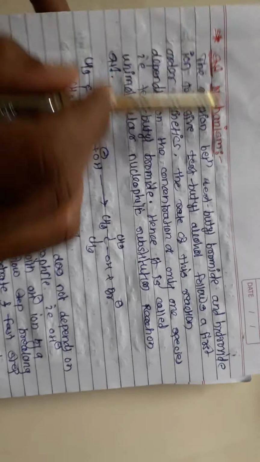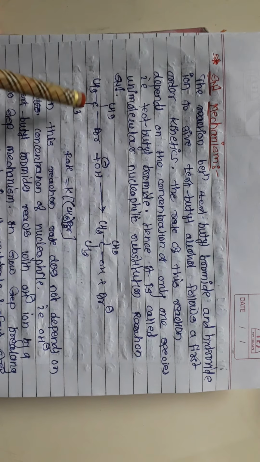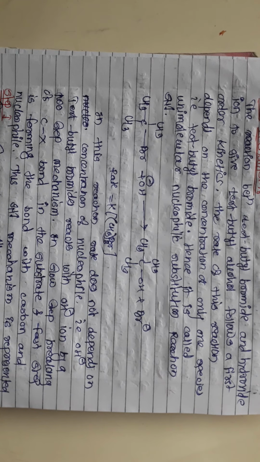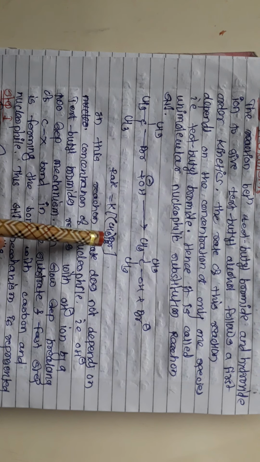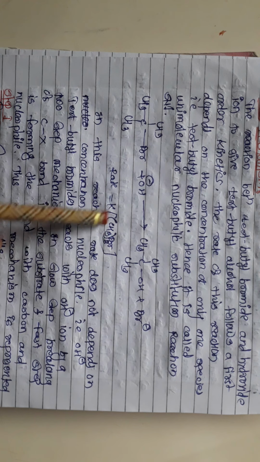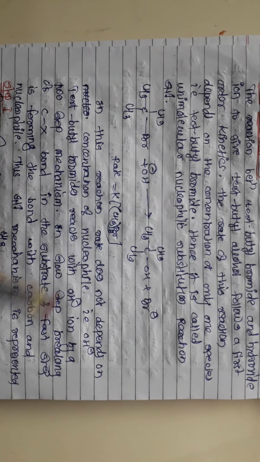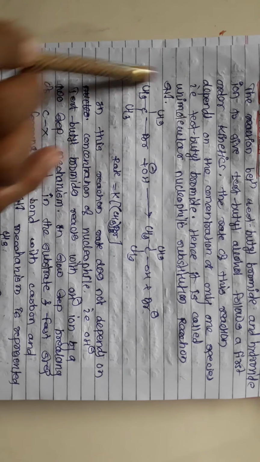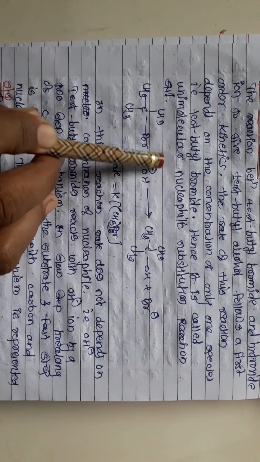But in this SN1 reaction, the rate of reaction only depends on one species. Then it is called a unimolecular nucleophilic substitution reaction. The rate is equal to k, the rate constant, times the concentration of tertiary butyl bromide. In this reaction, the rate does not depend on the concentration of the nucleophile. This is the electrophile, and this is OH minus, which has a negative charge.